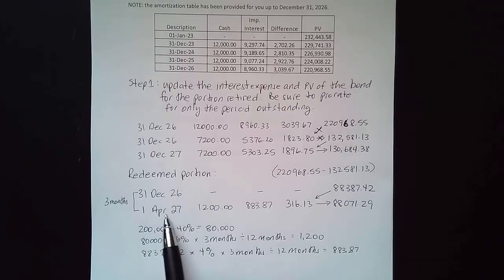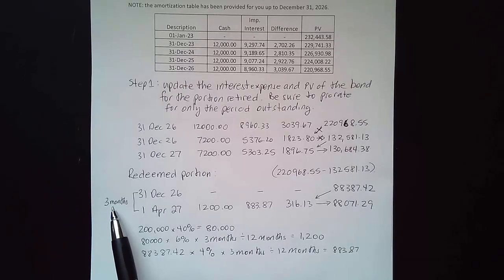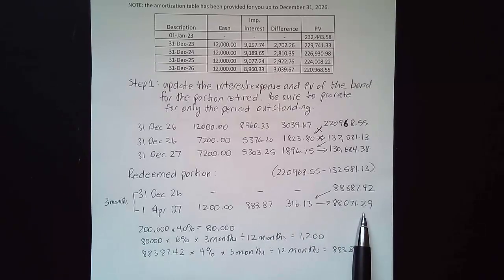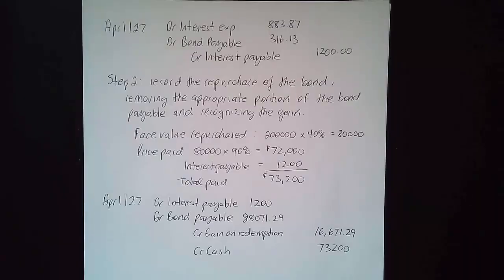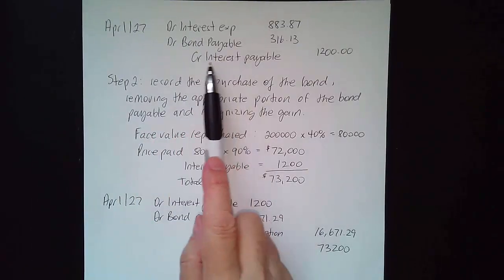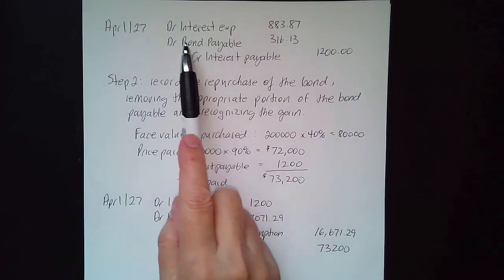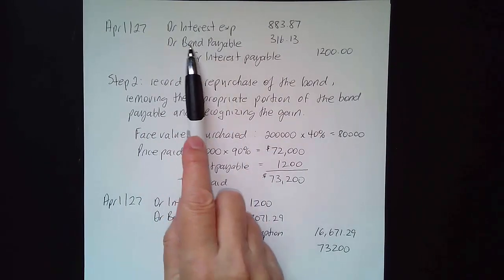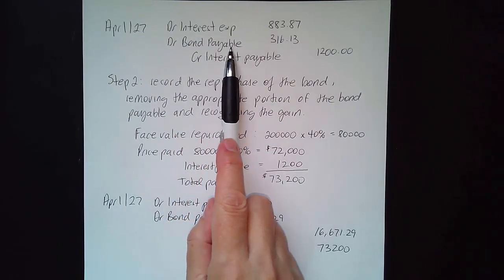So this, of course, is the amount that will be redeemed, taking into account the proration for the number of months that it's been outstanding, which is only 3. Once we have this updated amount for April 1st, 2027, we can move forward with our first entry to recognize the interest payable, the interest expense, and also the updating of the bond payable present value amount.